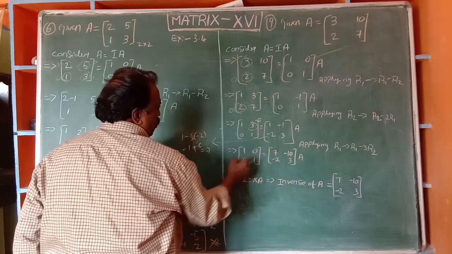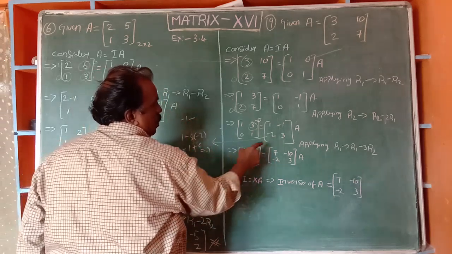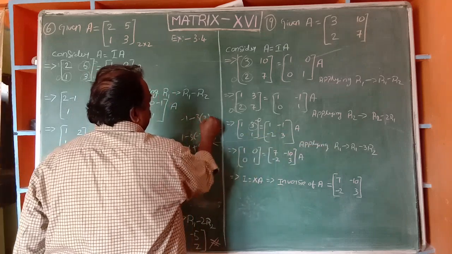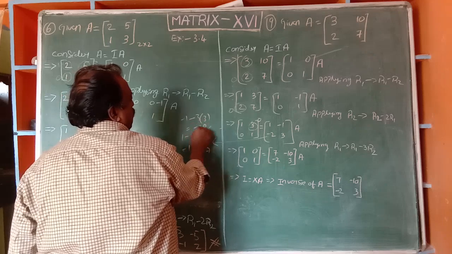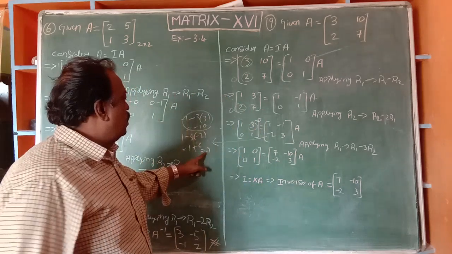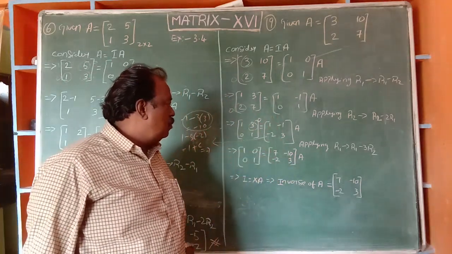Similarly, this one: minus 1 minus 3 into 3, that is minus 1 minus 9, it is minus 10. So it is minus 2, and as it is minus 2, 3.